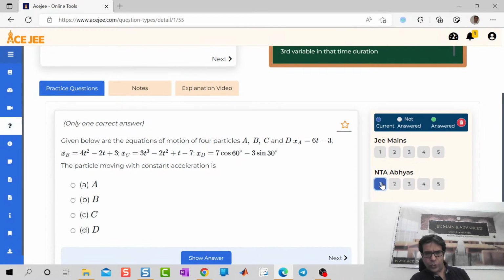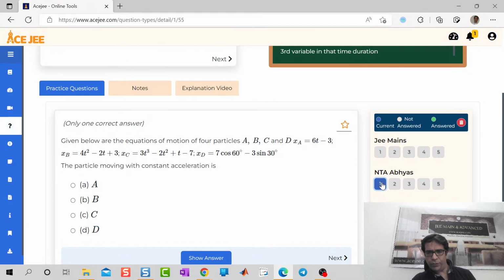So let's quickly do this question and then we'll move on, unless you guys have any doubts. So what do we have here? Given below are the equations of motion for four particles A, B, C, and D. Position x is given as a function of time t. Same thing with B, C, and D. The particle moving with constant acceleration is which one?